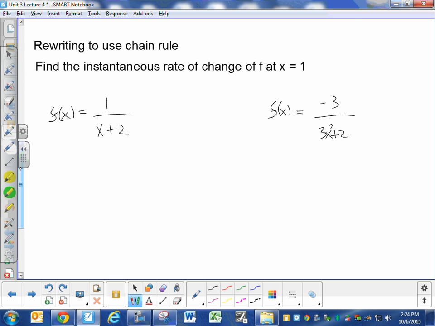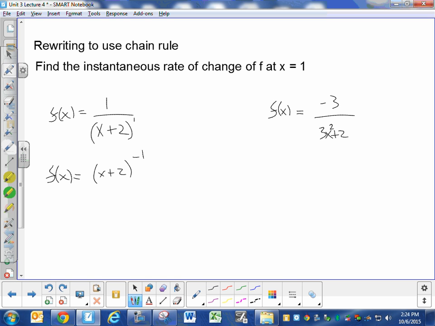Finally, what we can do now using the chain rule, if we want to, is rewrite functions knowing that this is 1 over (x plus 2) to the first in the denominator. I could rewrite this as (x plus 2) to the negative first in the numerator.